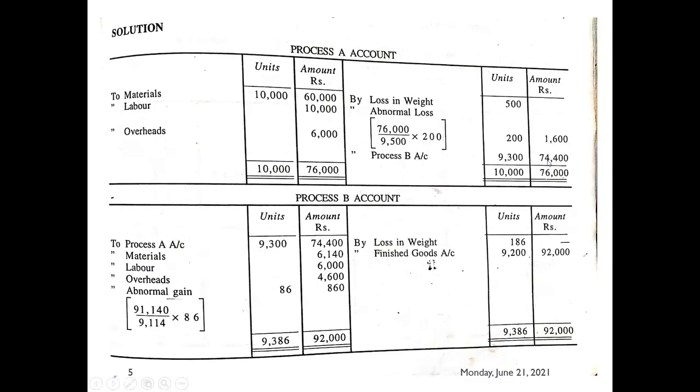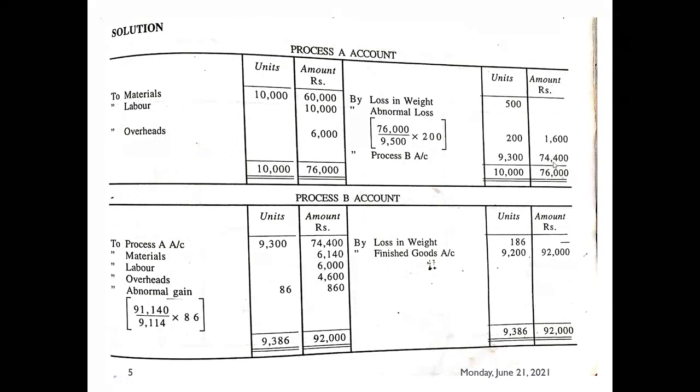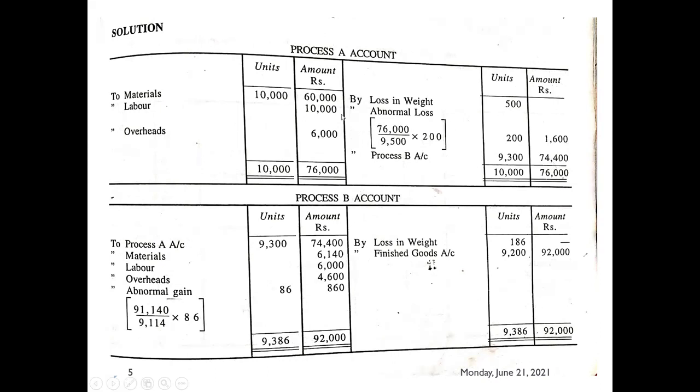Okay. Now you calculate the cost per unit. As I already told in the last class, always in a process account we should calculate the cost per unit. So 74,400 divided by 9,300.